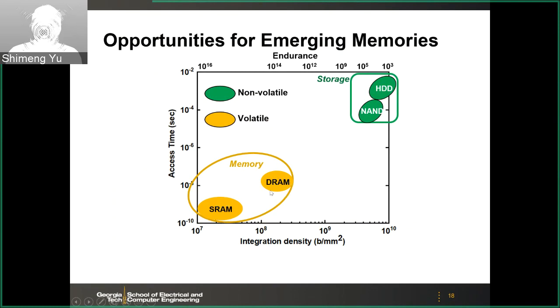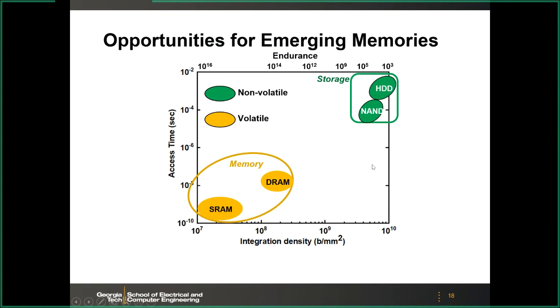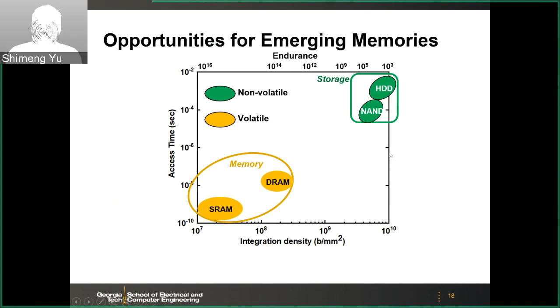Then we have DRAM here, and NAND flash here. It's very slow, tens of microseconds, but the density can approach 10 to the power 10 bits per square millimeter. So we see a big gap between DRAM and NAND flash.